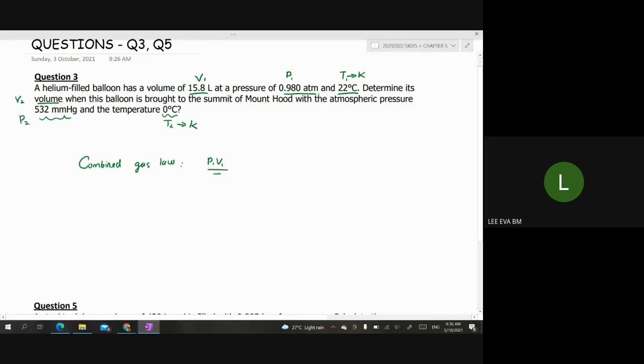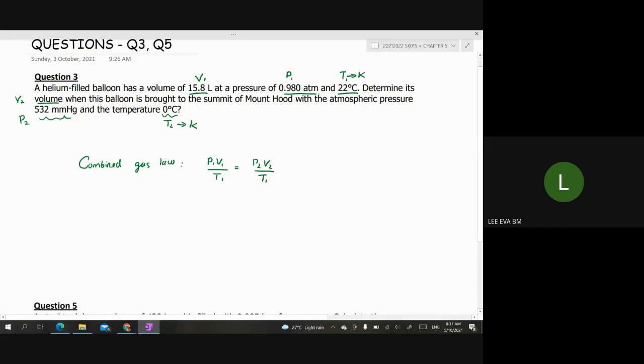P1 V1 over T1, and then we have P2 V2 over T2. Okay, all this formula you must remember, yeah? We got the Avogadro's, Boyle's, Charles, combined and ideal gas law. So P1 V1 T1, P2 V2 T2, that one is combined gas law, whereby we combine together Boyle's and Charles. Bukan separately tau. Kena sekalikan.